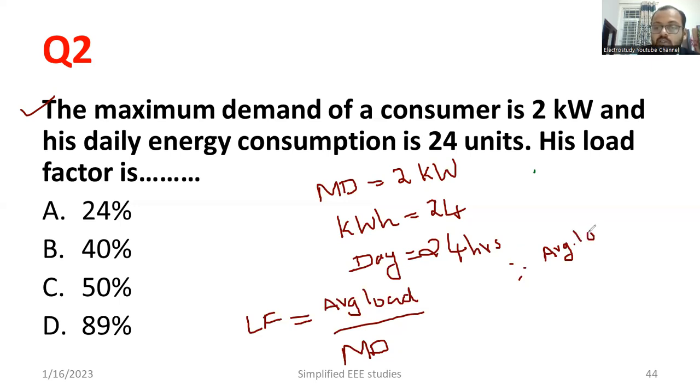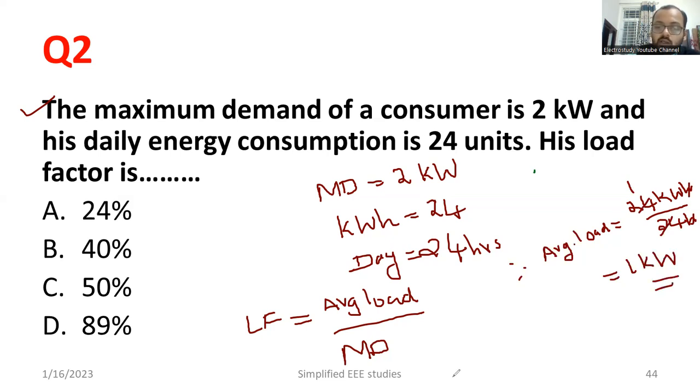What is the total energy consumed? It is 24 units, 24 kilowatt hour, divided by the total number of hours in a day, 24 hour. Hour and hour get cancelled, and this becomes 1. So the average load is 1 kilowatt.